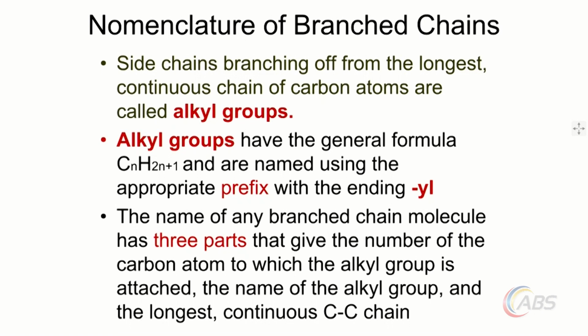And alkyl groups have the same general formula, CnH2n plus 1. All alkyl groups have this formula, CnH2n plus 1. They are named using the appropriate prefix and then ending in YL. So the family name there would be alkyl, and the prefix would depend on the number of carbon atoms.